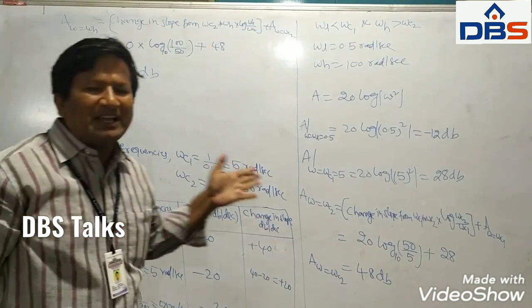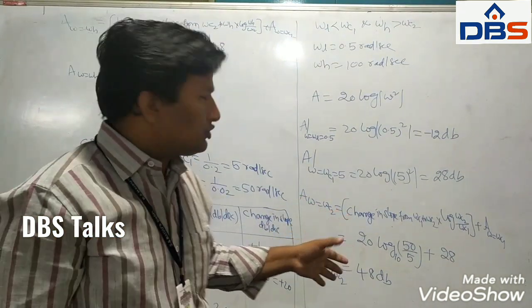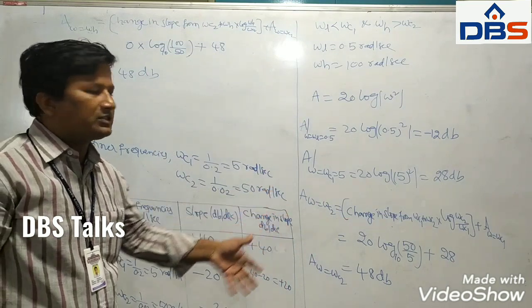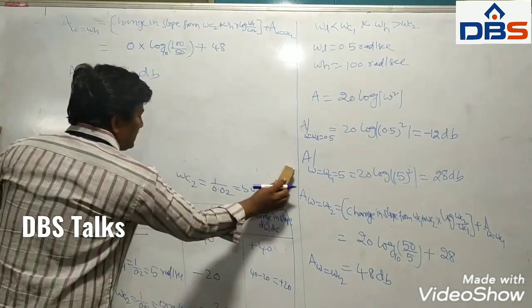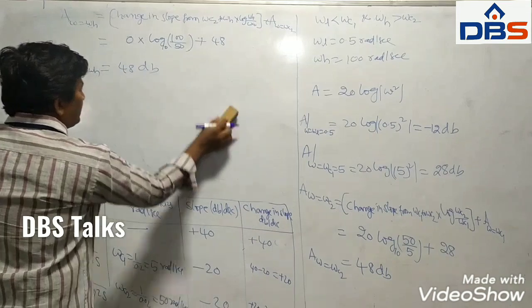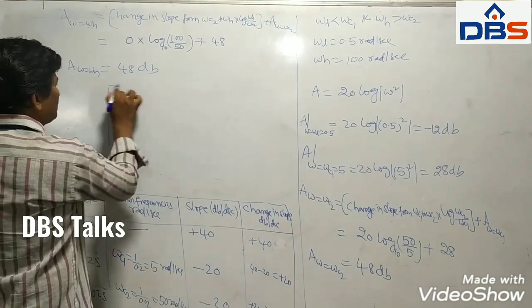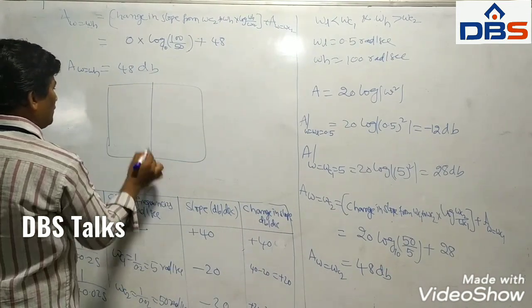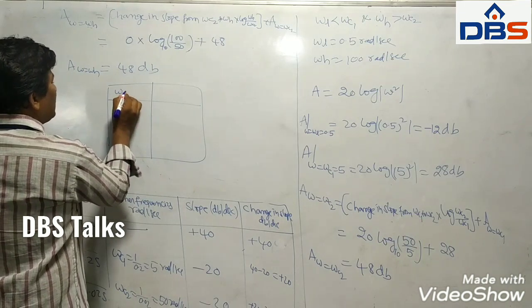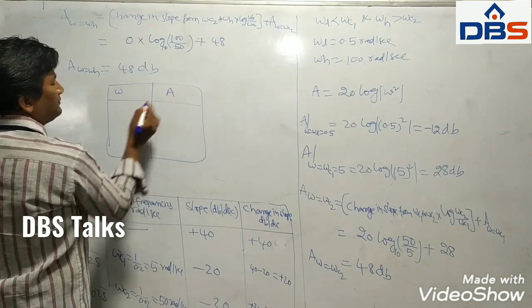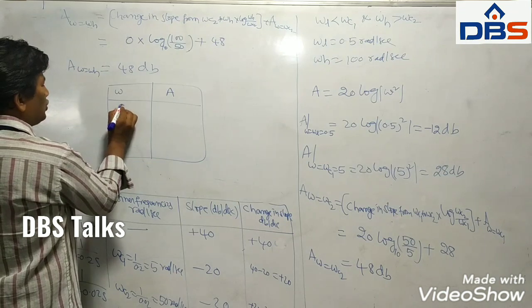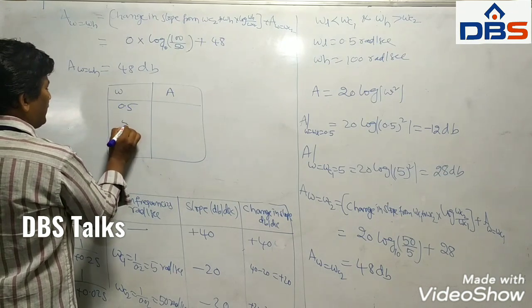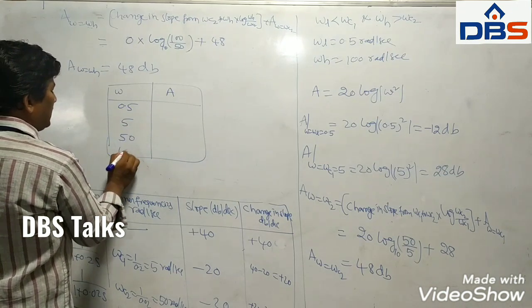So like that we have to calculate the magnitude with the different frequency variations. That's why in total we have taken a table, omega and also gain. The values are 0.5, 5, 50, 100.